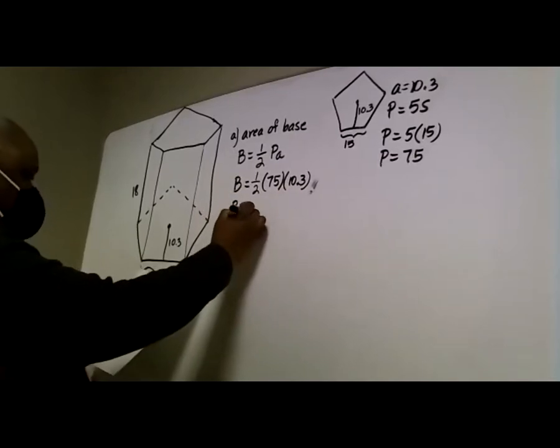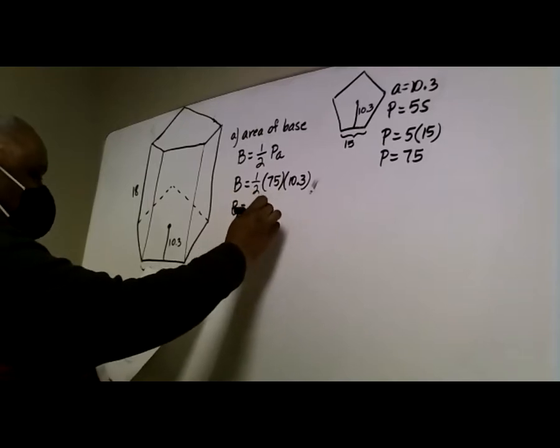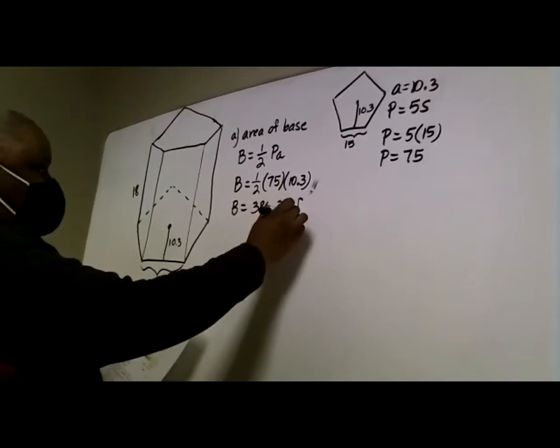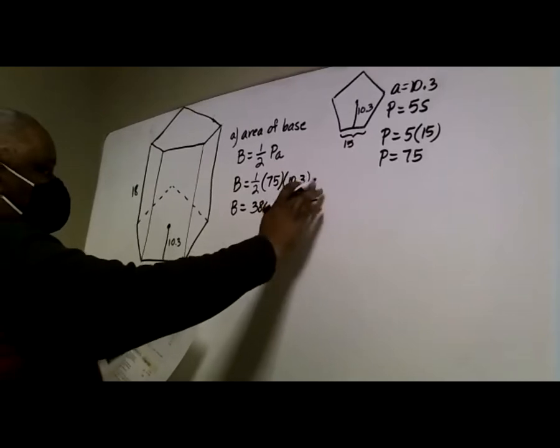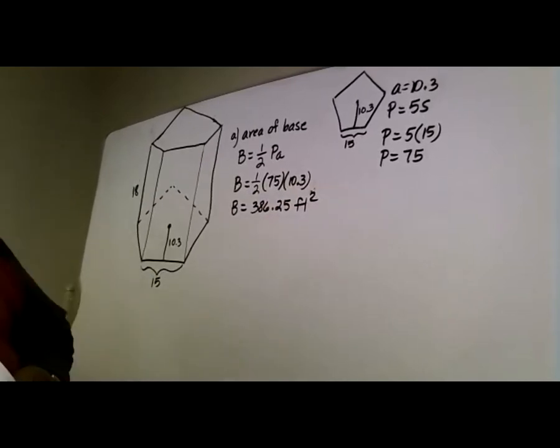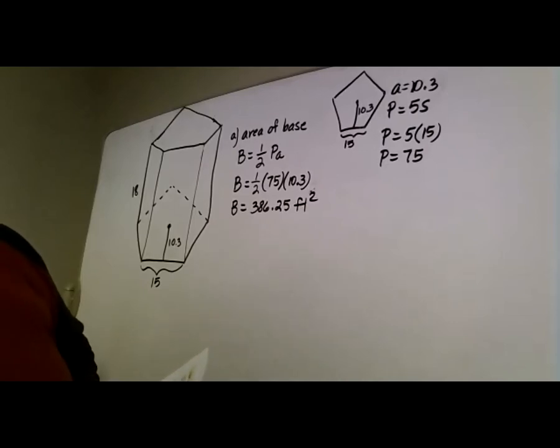This will give you, if you work this out, 386.25 square feet. That's the area of the base that they were looking for. So that's part A right there.